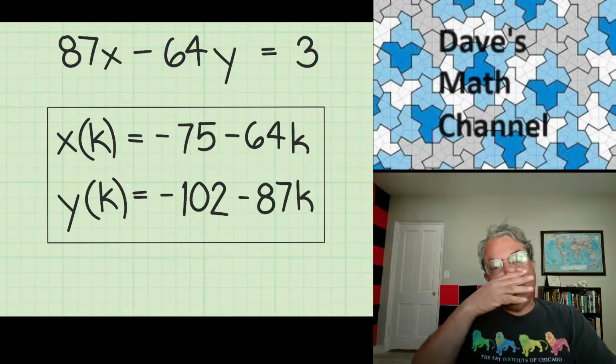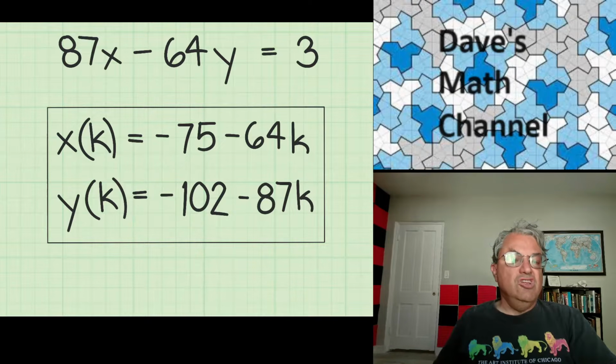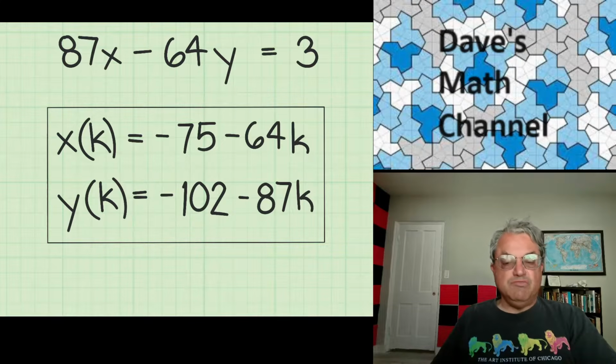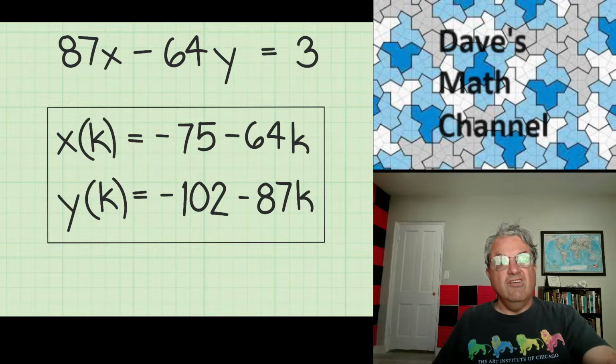It turns out k can be an arbitrary integer, and you plug in any integer value of k, and this will give you the possible values of x and y in terms of k. If you graphed these on a line, you'd get a bunch of equally spaced points.